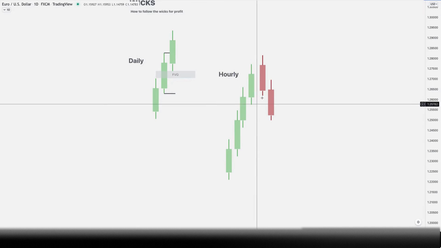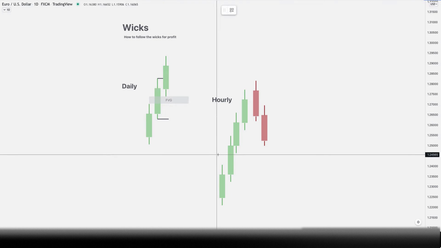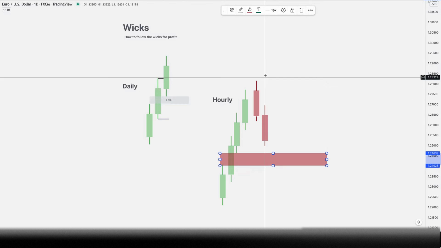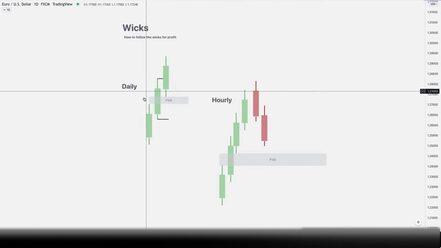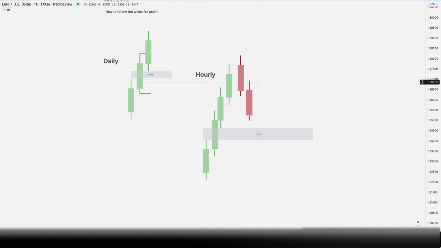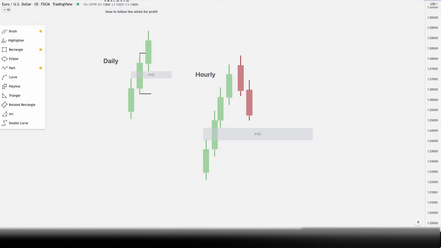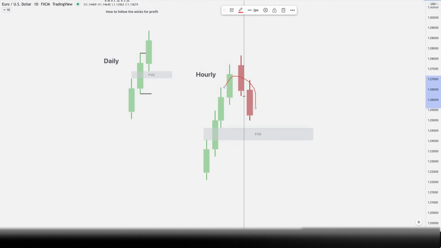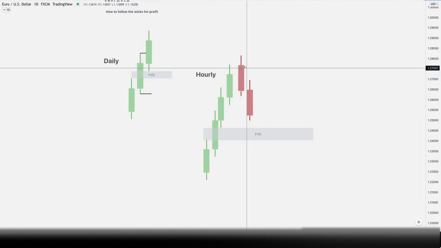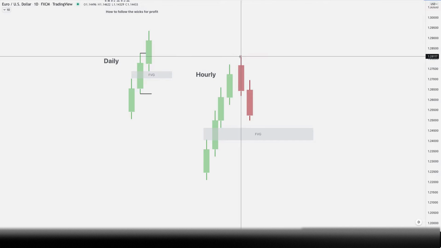So if this was your hourly on the daily, and obviously it's probably not to perfect scale, but say this was your FVG here. From a fractal perspective, what's about to take place in the wicks, you guys, is that price is breaking the internal structure of the hourly, as well as the internal structure of your 15-minute.